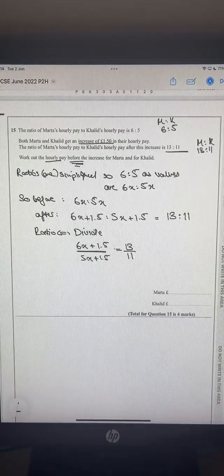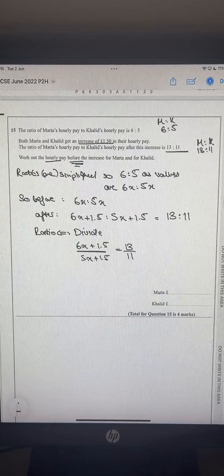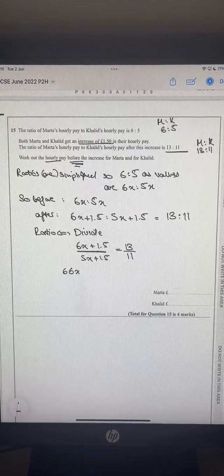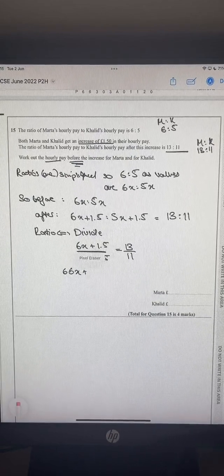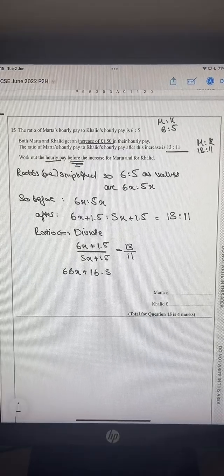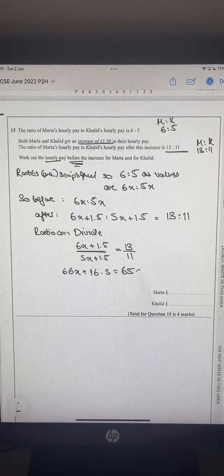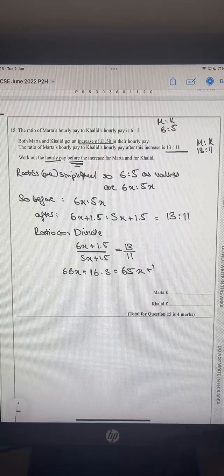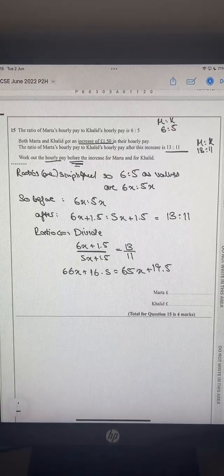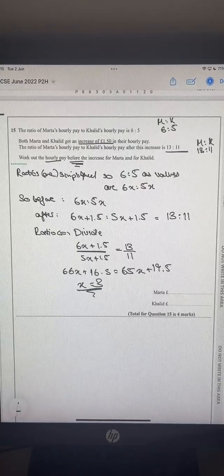So then I'm just going to cross multiply by 11 and by 5x plus 1.5 and then just solve for x. So I have 66x plus 11 times 1.5 is 16.5 equals 65x plus 19.5. Then I'm going to subtract 65x from both sides, so I get x is going to be equal to 3. Very nice answer for x.